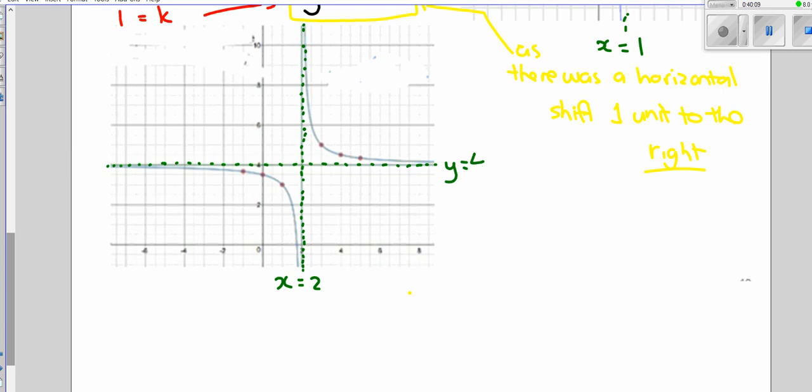And the function's just been drawn in blue, kind of roughly. Sorry, messy. So the general form, y equals, we might be able to work out k.